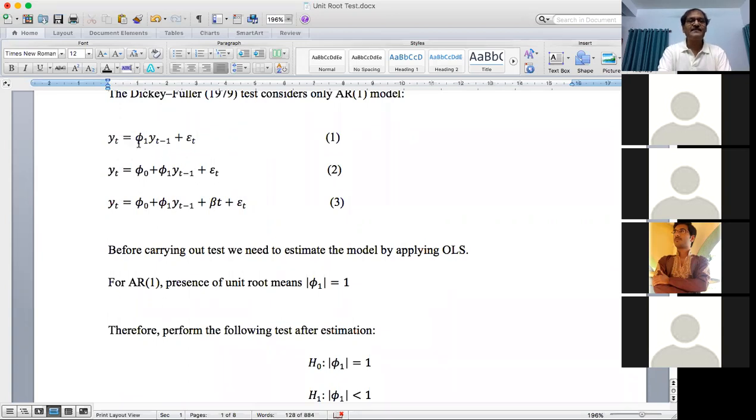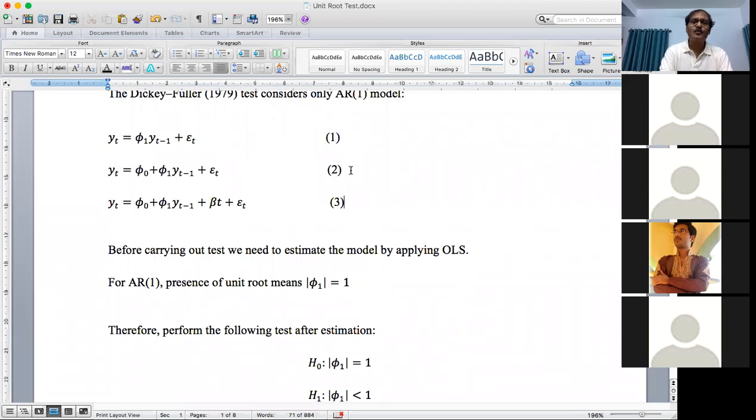So if the series passes through the origin, we have to select 1. If the series does not pass through the origin and does not have a clear-cut trend, then we have to select 2. If the series does not pass through the origin and shows a clear trend, in that case we have to select 3. Okay, so after selecting, we have to set the appropriate hypothesis.